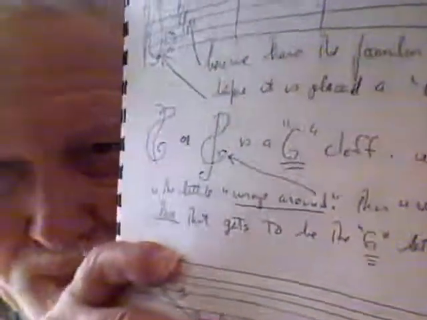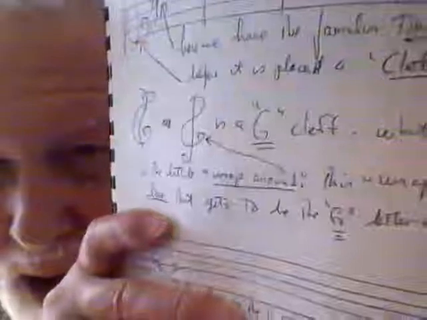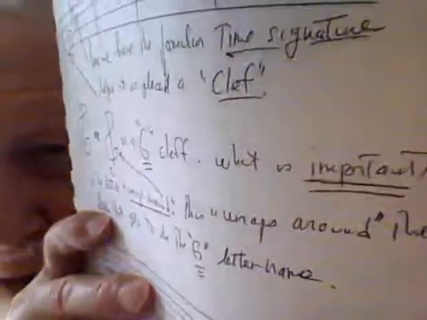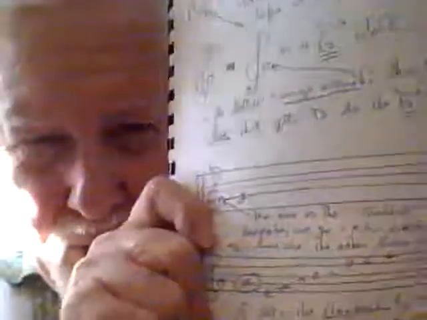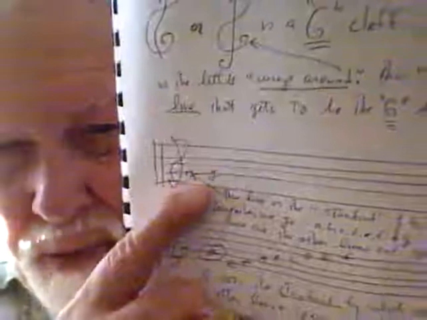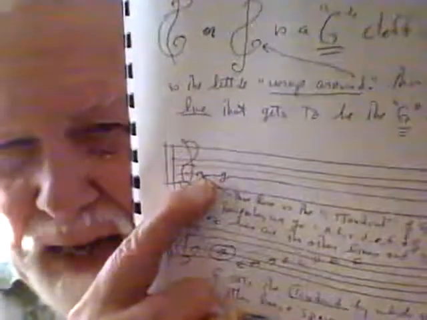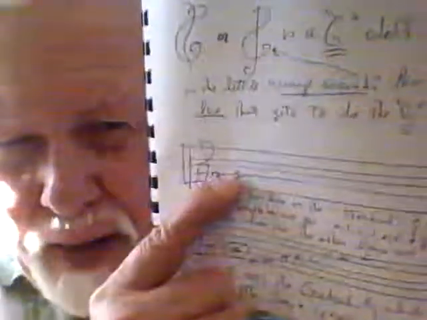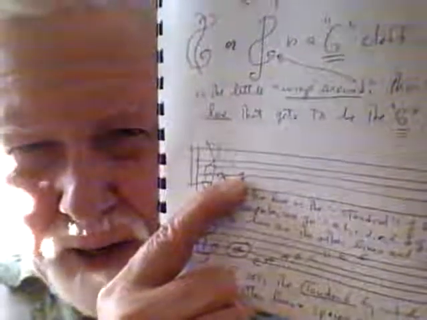What's important about it is that it wraps around the note that is called G. So you see that little wraparound right on that second line up? That means that note is G.